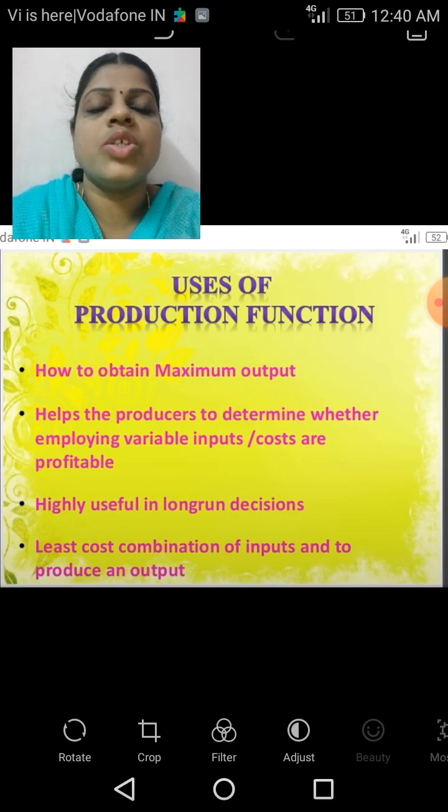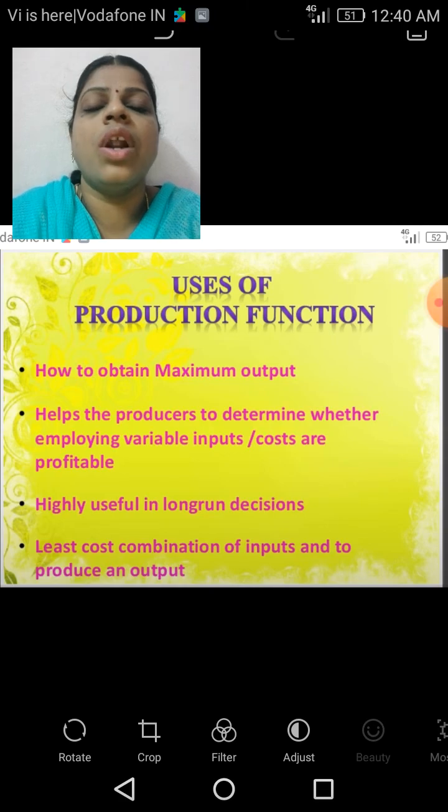I told you that 2 inputs are there, fixed inputs as well as variable inputs. And in this production process, the main motive is to make profit. So this function enables us to understand whether the employed variable inputs are profitable in our production process.